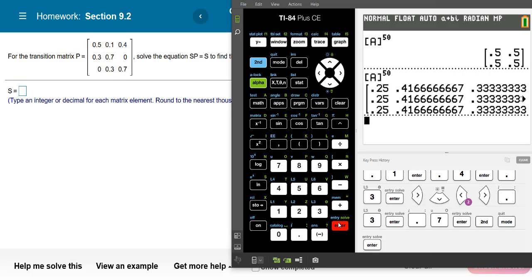And so just like before, we want to enter that into, first off, the S matrix. In the instructions, they ask us to round to the nearest thousandths. That means 3 places past the decimal. So let's see, we will have a 0.25, a 0.417, and a 0.333.